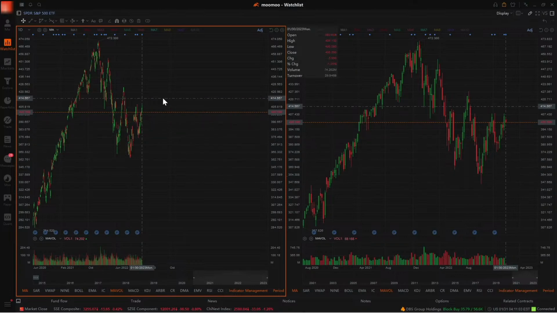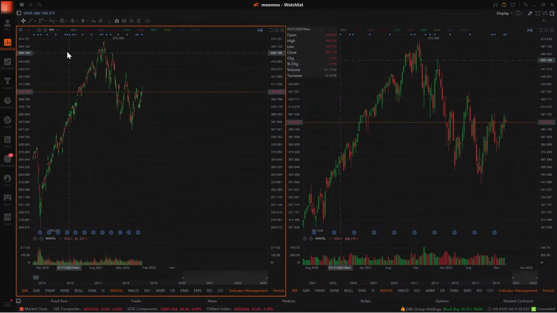Okay, so right now you can see that there's an MA here. This is the moving average. Moving average is one of the very simple technical indicators in the market, and I believe most of you who have learned technical analysis before, the simple moving average would be the first indicator you get to learn.